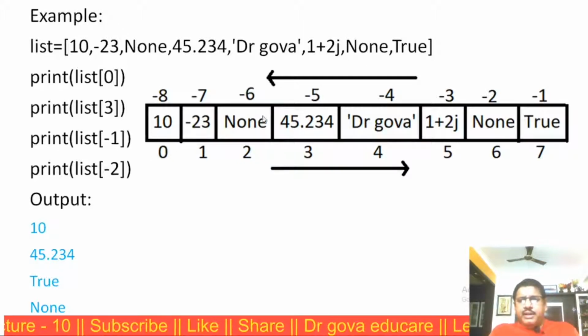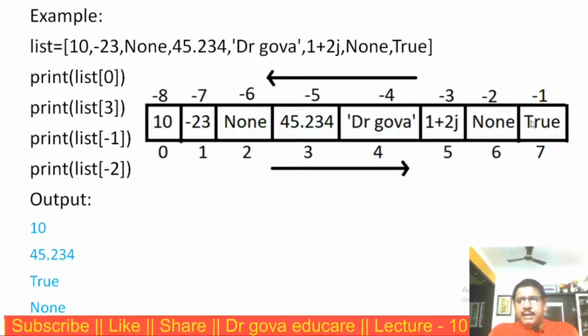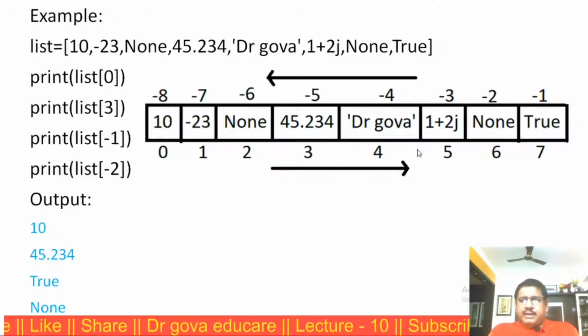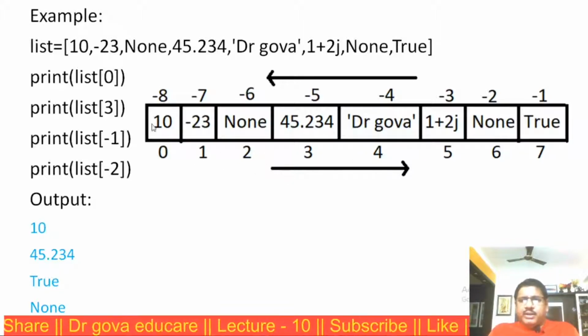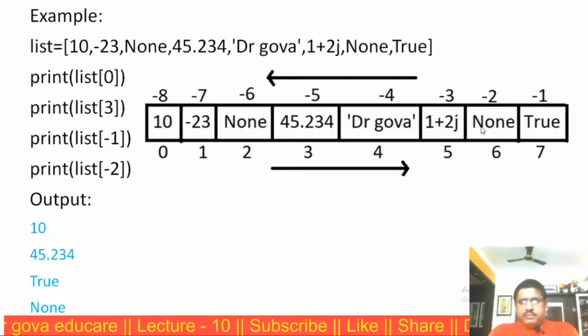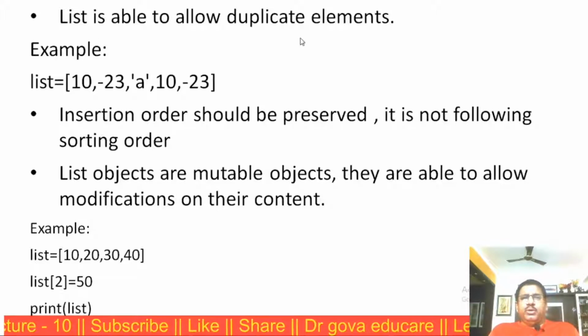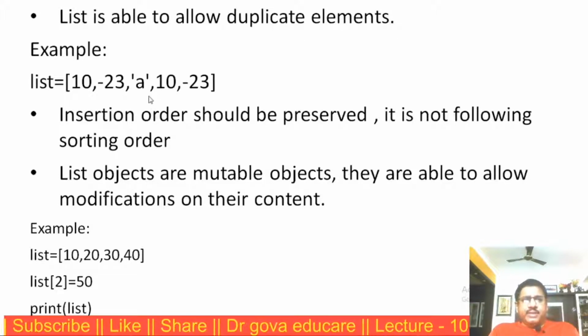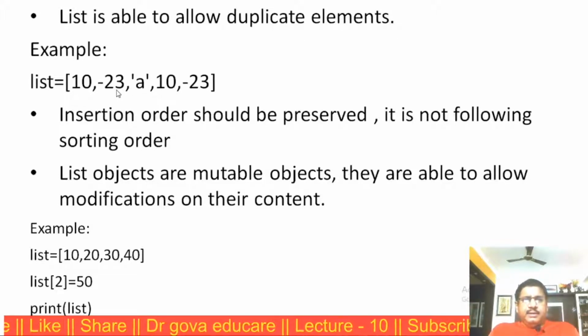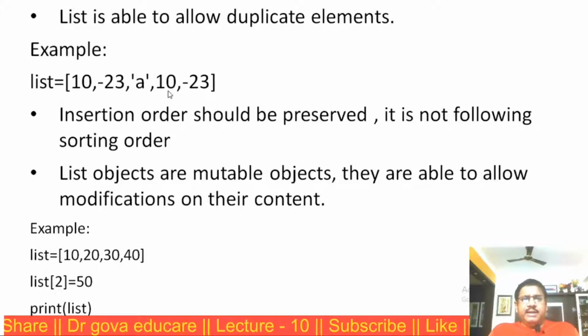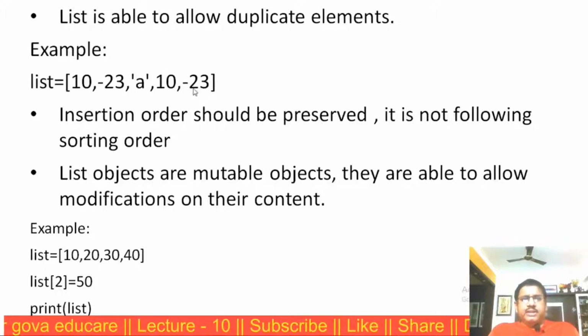Now observe here, the list holds none data type. These none data types may be duplicates also. A list is able to allow duplicate elements. So for example, 10, minus 23, A, 10, minus 23.